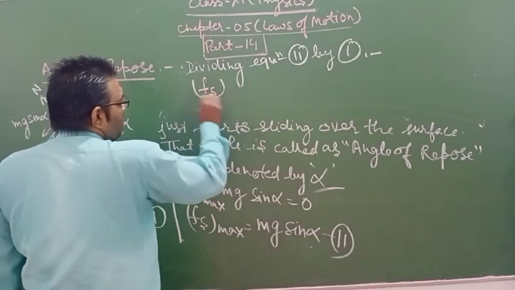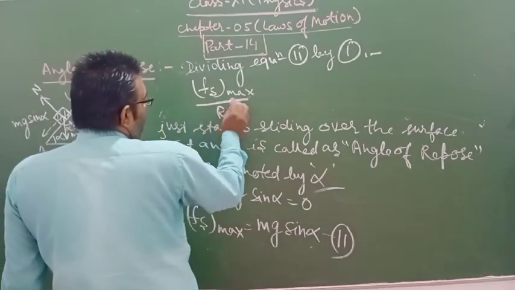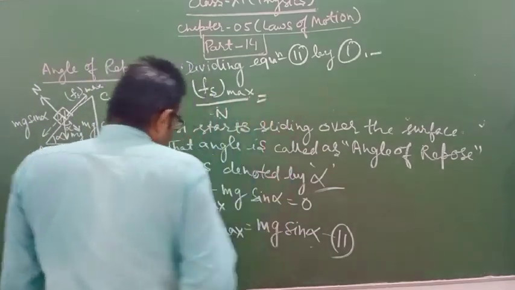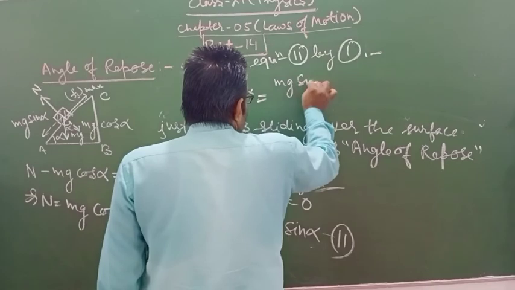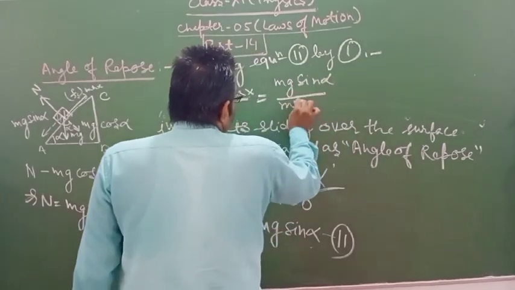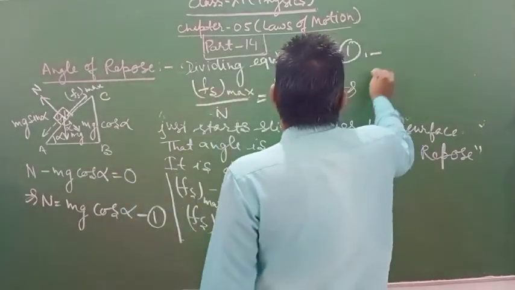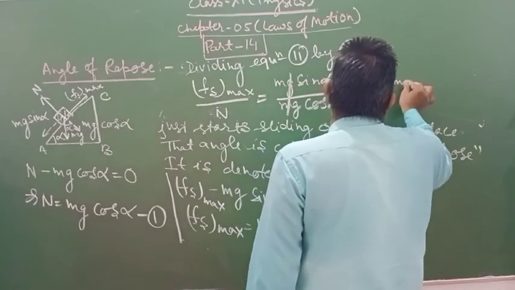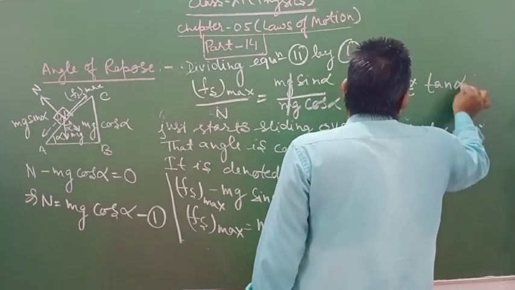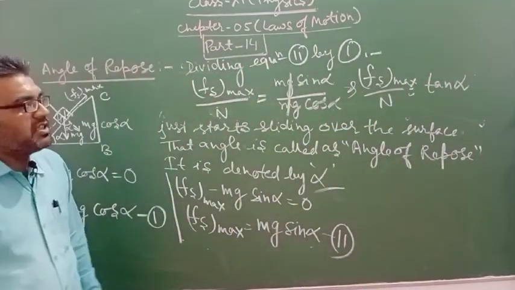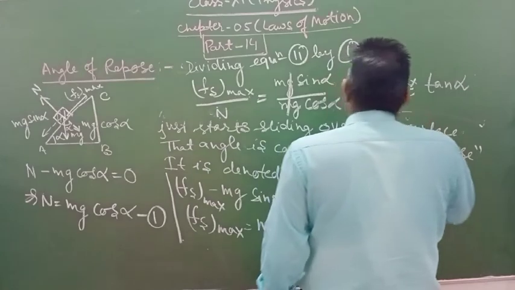On dividing equation 2 by equation 1, we will get Fs max upon normal reaction N is equal to mg sin alpha upon mg cos alpha, and mg will cancel out, so we get Fs max upon normal reaction is equal to tan alpha.